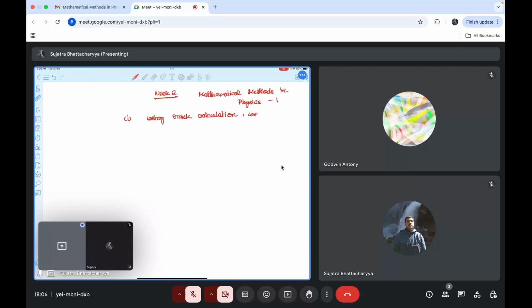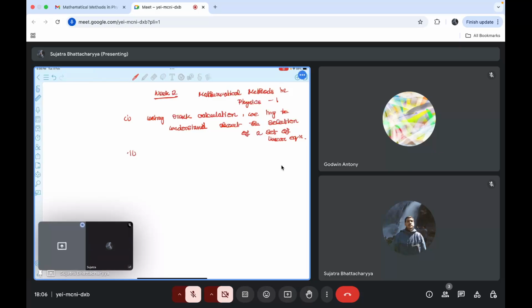We will try to understand the solutions of a set of linear equations. So this is one of the things.